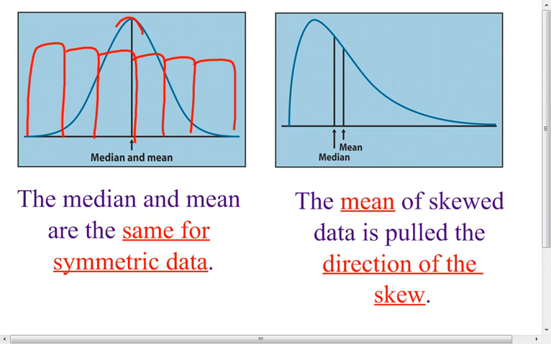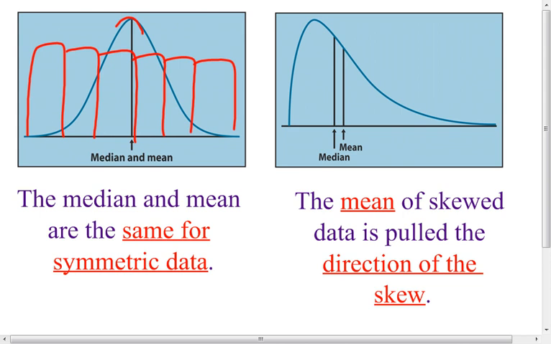And you need to remember, you guys, that it is very, very rare to have a perfectly symmetric set of data. So even if it's roughly symmetric, you're going to look at the mean and the median, and they should be very close to each other.